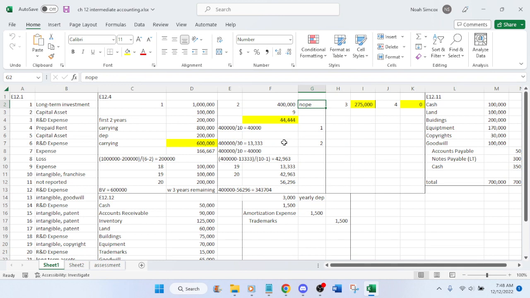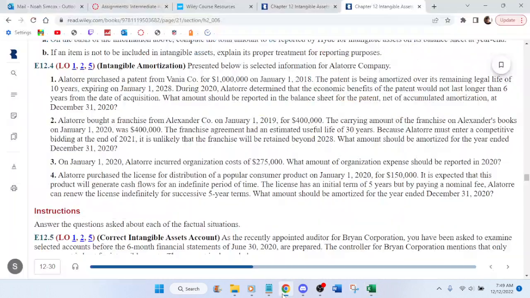Okay, so the professor stated that the question is very ambiguous because you could do it one of two different ways. The first way, for the first year of depreciation, you assume it has a useful life of 30 years, and for the second year, you assume it has a remaining life of 9 years.